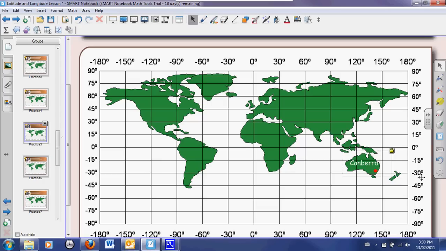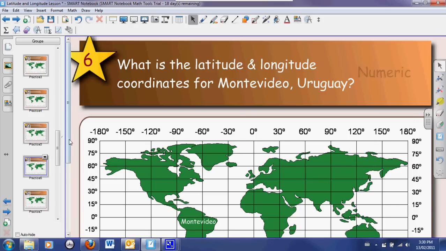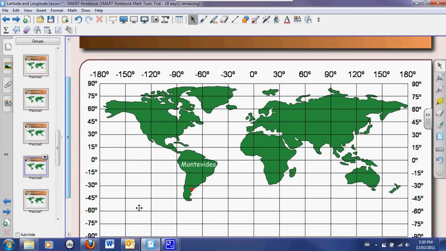Here, we're in the negative numbers, so we need to go about 28 degrees south and about 142 degrees east would be the answer for that one. This one for Montevideo, Uruguay would be about 35 degrees south and maybe about 74 degrees west.